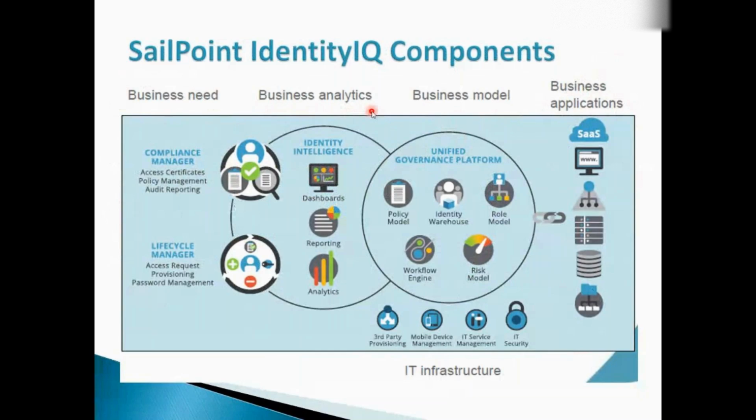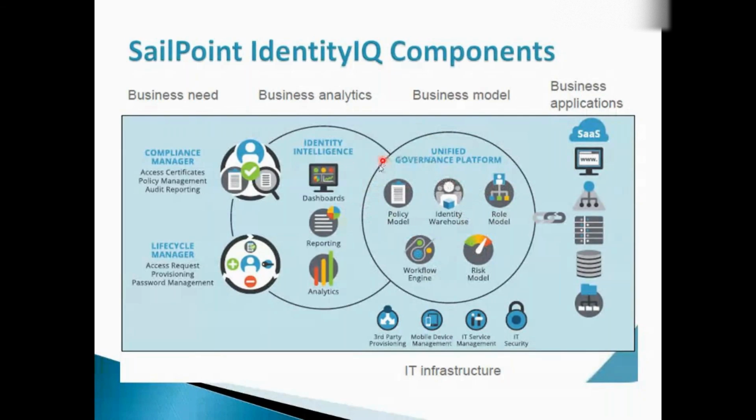The business model is where we focus on business need and grant the access to the users, and that business model has particular platforms available within it. What are those? One is a policy model, which defines which access should be granted to which user.